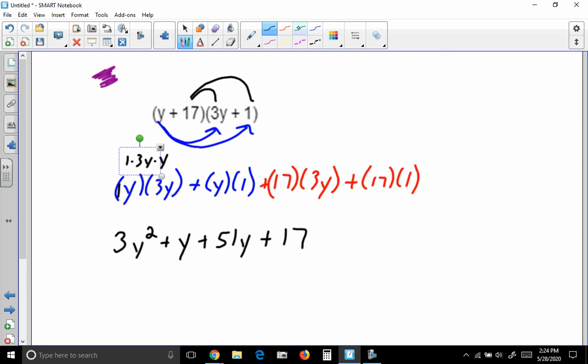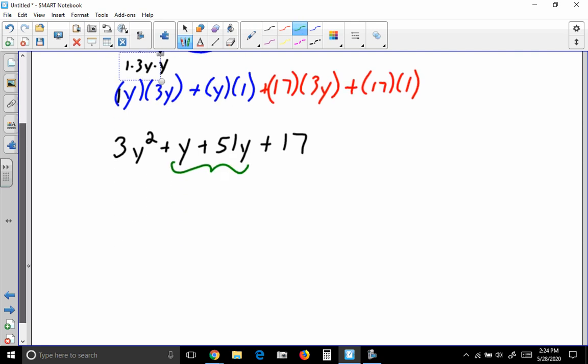This time we do have like terms. The middle two terms are both y's to the first. When we're multiplying, remember we do not have to have the same exponents, but when we are adding or subtracting, these do have to have the same exponent. We have 1y here and 51 of those here. So regardless of the fact that this is a y, you could think of it as an apple.